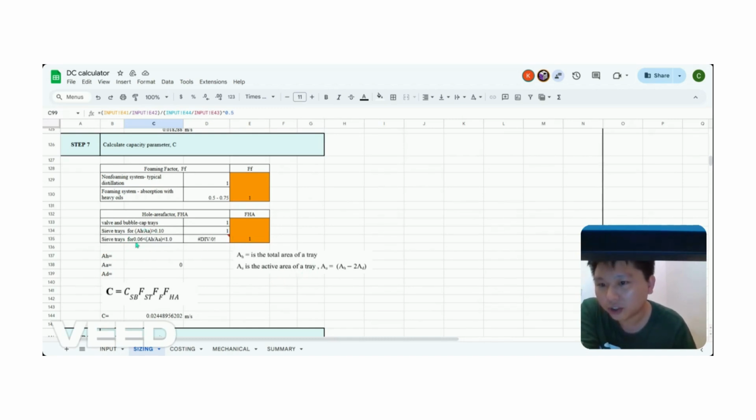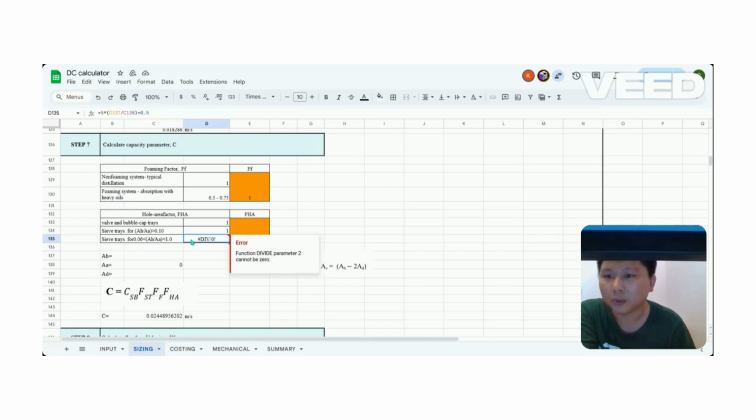If the ratio of AH to AA is between 0.06 and 1.0, then the formula is 5 times the ratio of AH over AA, plus 0.5, and then you get the FHA value.